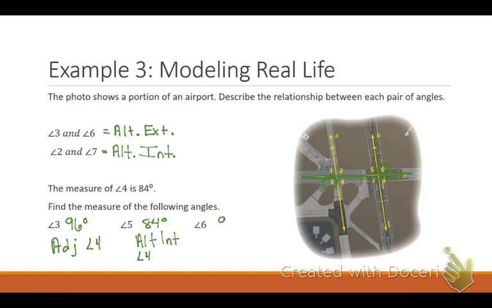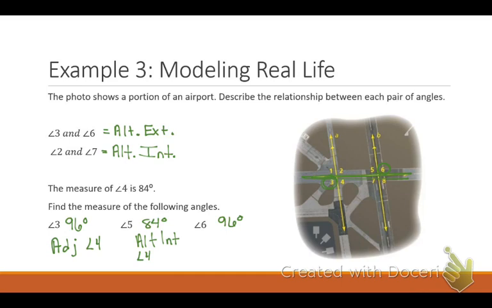Okay, it is 96. All right, did anybody catch why, Kyla? Because 3 is vertical to 2, which would make it 96, and then 2 is corresponding to 6.